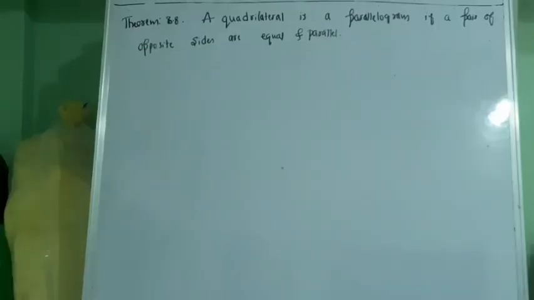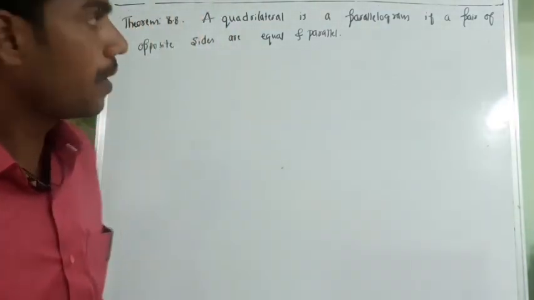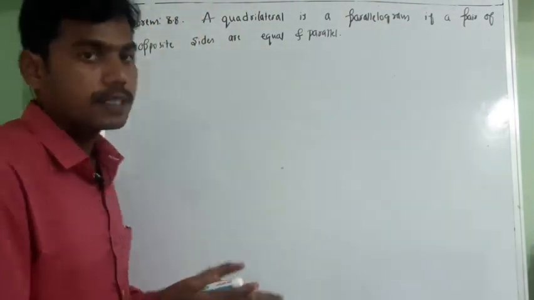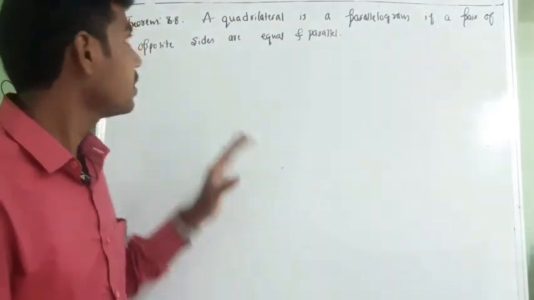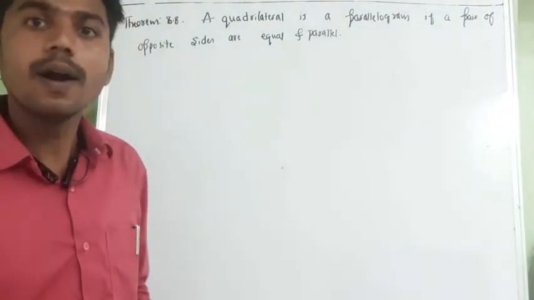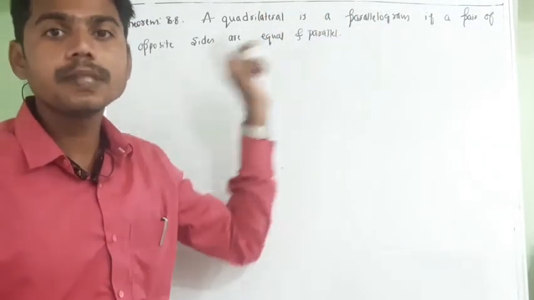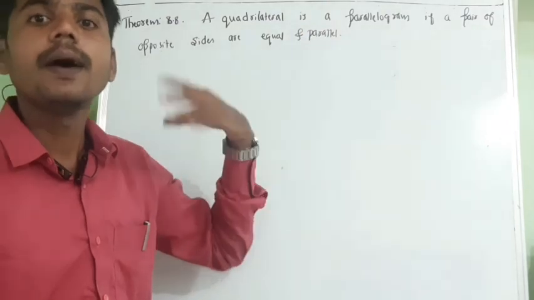Now one more condition for a quadrilateral to be a parallelogram. We are going to study it in the form of theorem number 8.8. What does it state? A quadrilateral is a parallelogram if one pair of sides are equal and parallel.